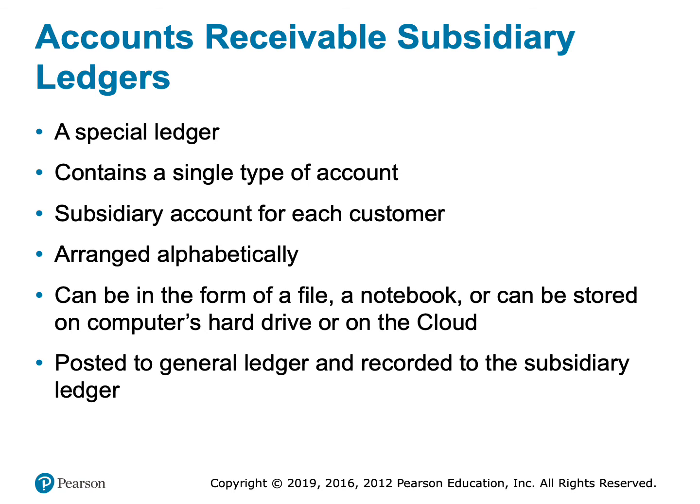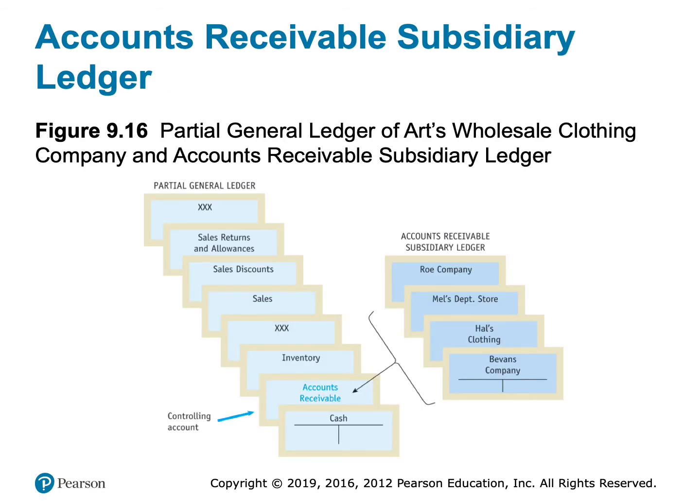So notice I want to point out you have to post twice. You have to post to the general ledger, the accounts receivable big T account, as well as the subsidiary ledger, the individual T account.